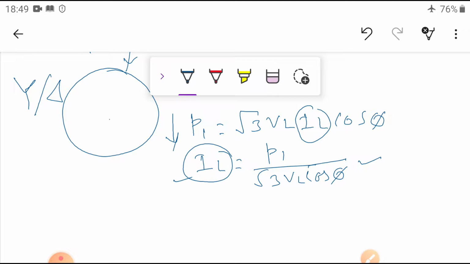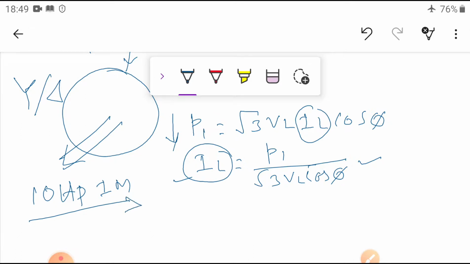Sometimes the motor output will be given, for example a 10 HP induction motor. Whenever 10 HP is given in the nameplate details, it is assumed to be the output, not the input. Dear students, please remember it.